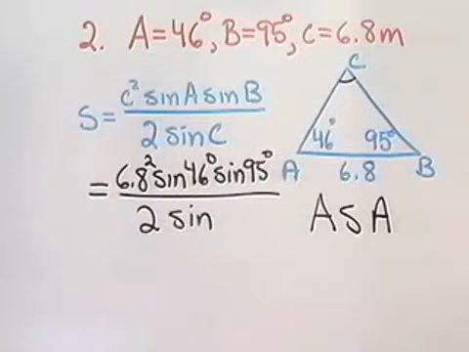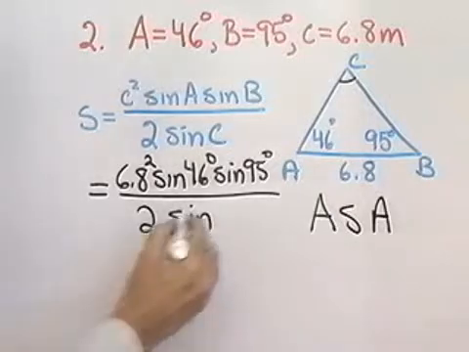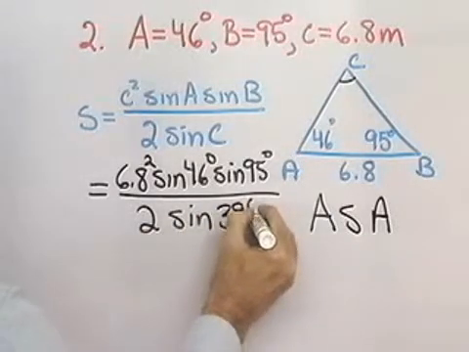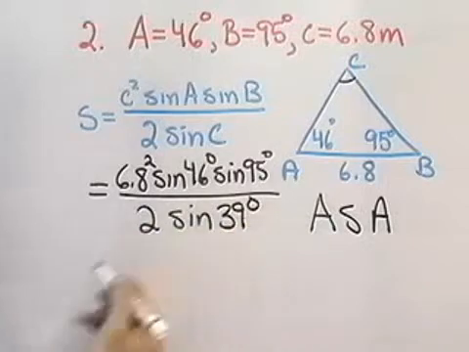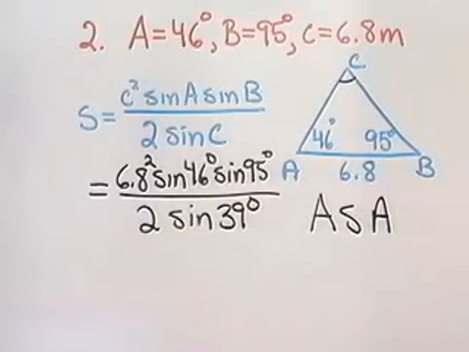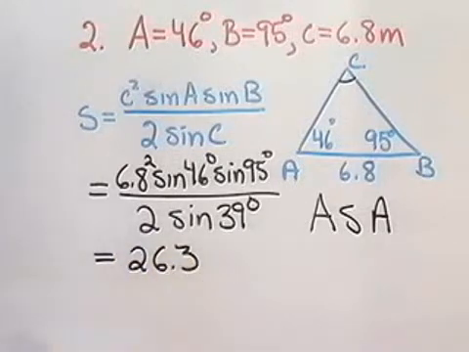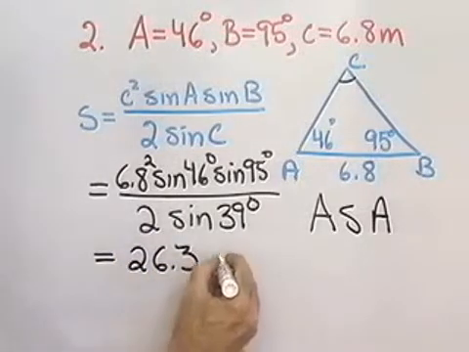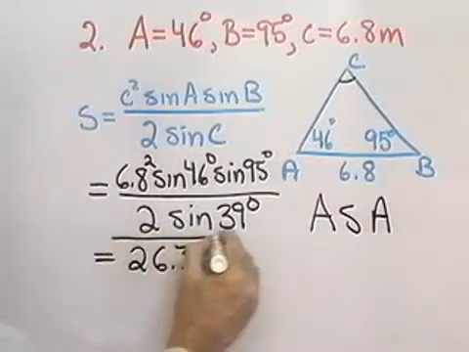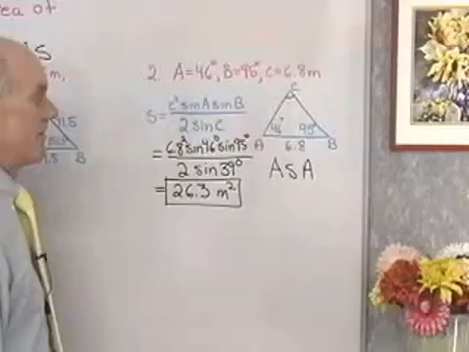That comes out to 39 degrees. Okay, I substitute these numbers into my calculator, do the arithmetic. I end up with 26.3. Again, my units are meters, so it's 26.3 square meters. And that's the area of that triangle.